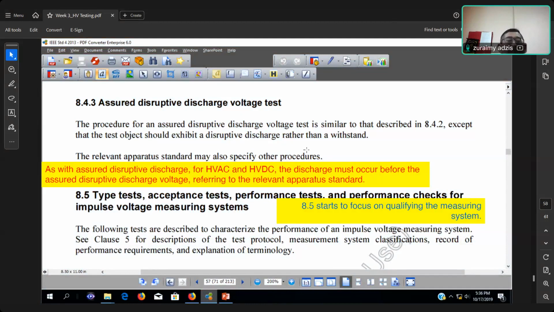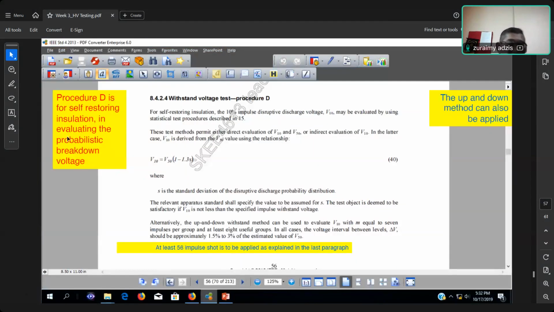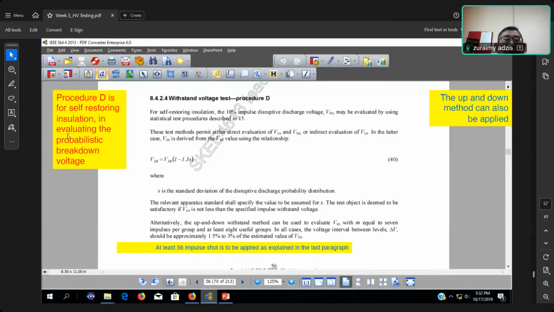After this, it starts explaining about the measuring system again. We have gone through 8.4.3, the assured disruptive discharge voltage test, and its 4 procedures are also applicable to 8.4.2, the withstand test.